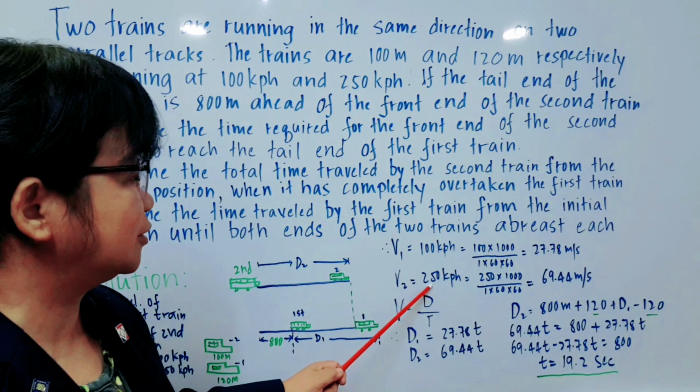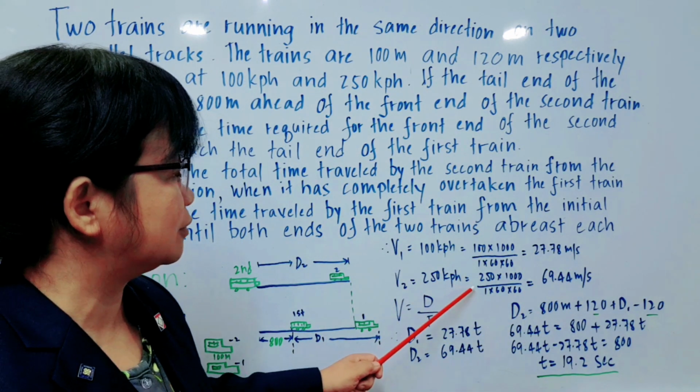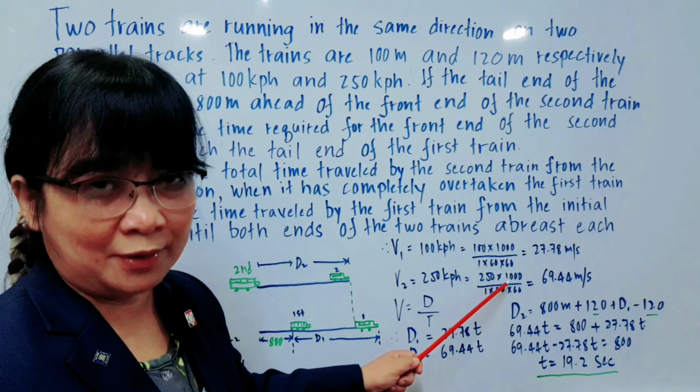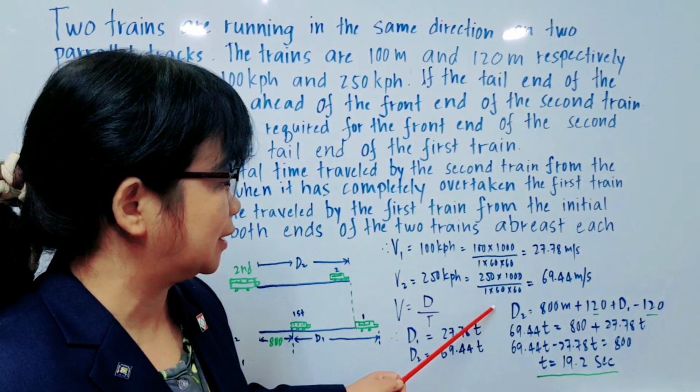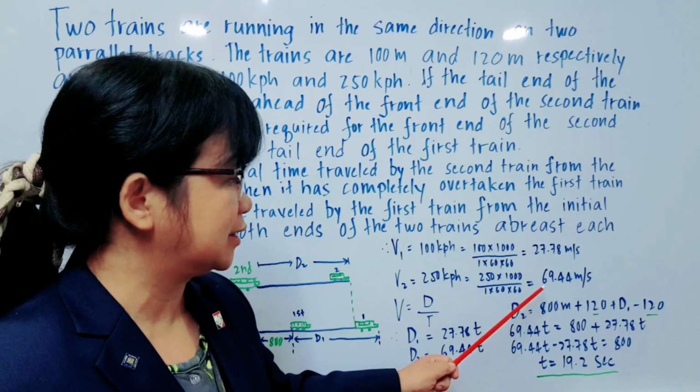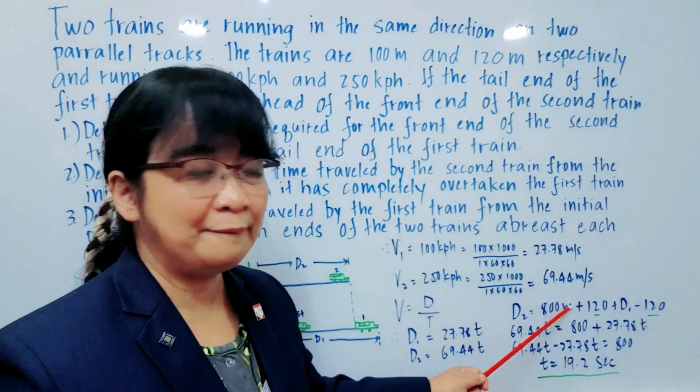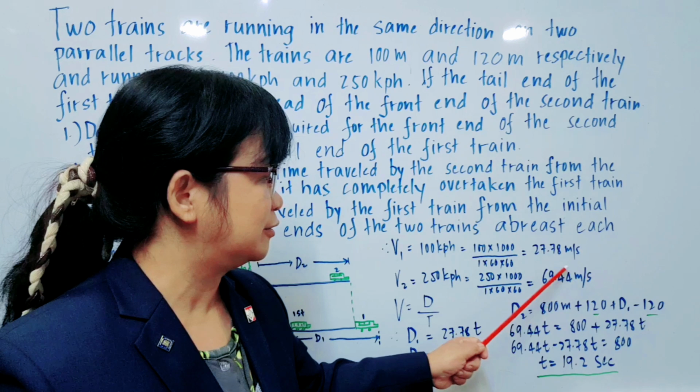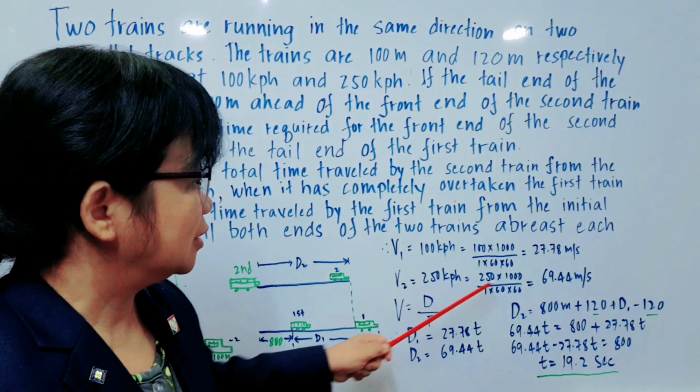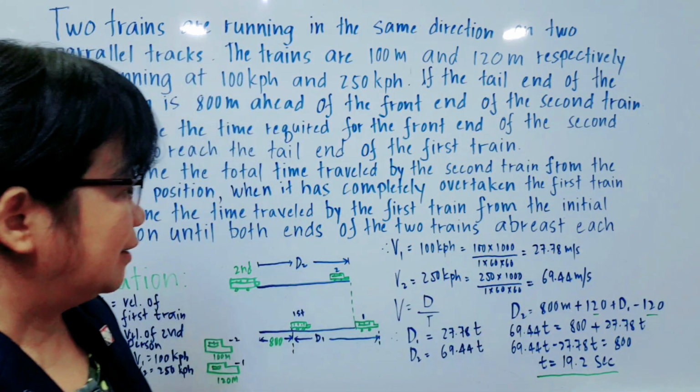And V2, which is 250 km per hour, is also equal to 250 times 1,000 meter divided by 1 times 60 times 60, which is equal to 69.44 meter per second. Yun ang mga equivalent nila to meter per second.